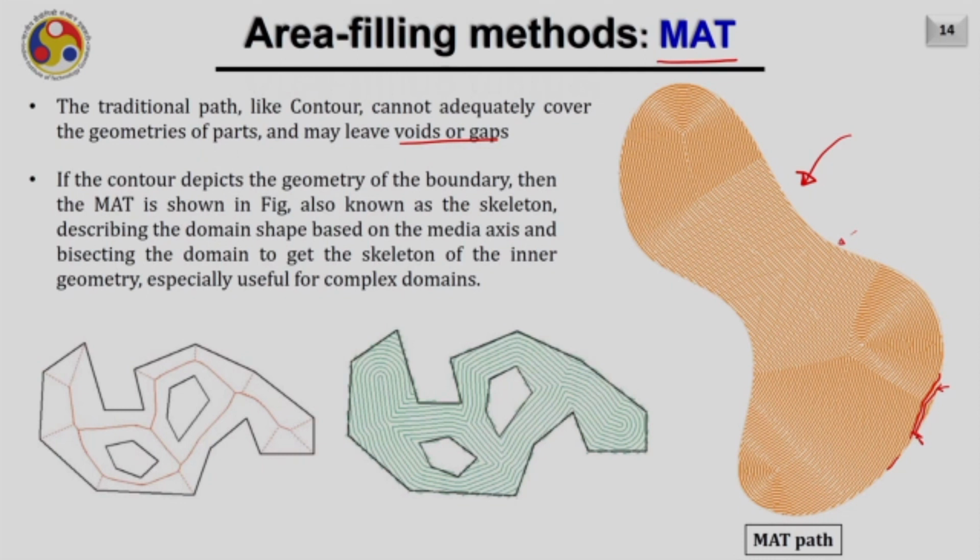So what is MAT? How these tool paths are generated can be seen here. If the contour depicts the geometry of the boundary, then the MAT is shown in this figure. This orange color line is nothing but the MAT of this particular contour. It is also known as the skeleton, describing the domain shape based on the median axis bisecting the domain into two halves.